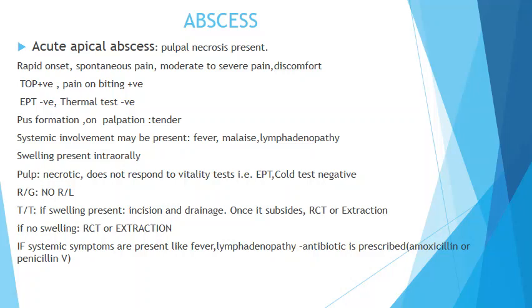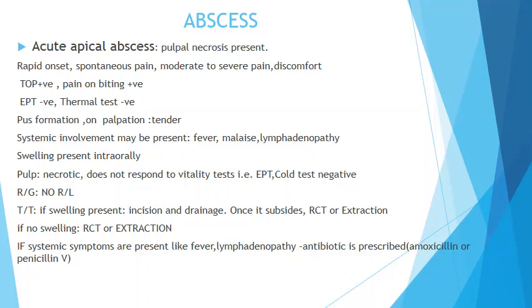So remember this thing that pulp is necrotic when you have an abscess, and because of the irritants from a necrotic pulp, there is a severe inflammatory response which leads to a localized or diffuse liquefaction of the lesion, pus formation. Now, very important thing is pulpal necrosis is present.